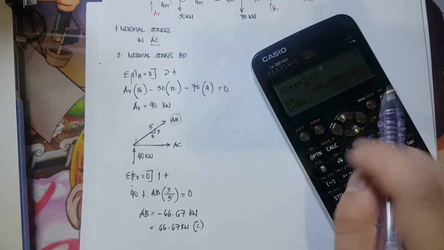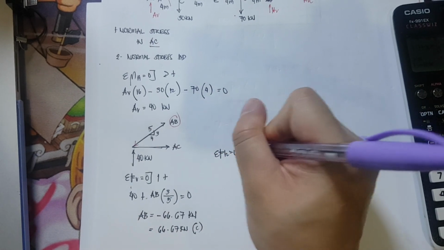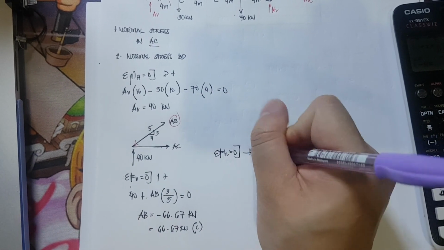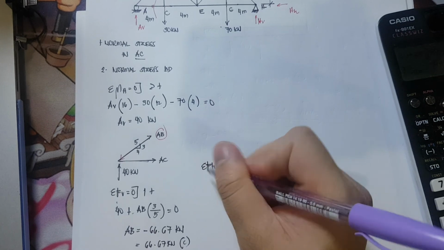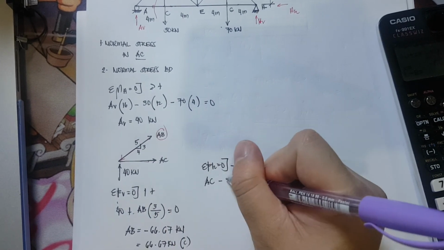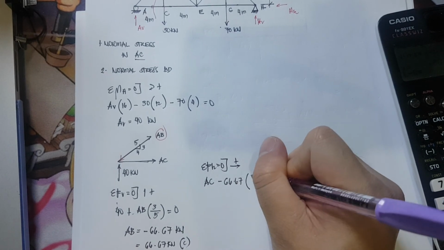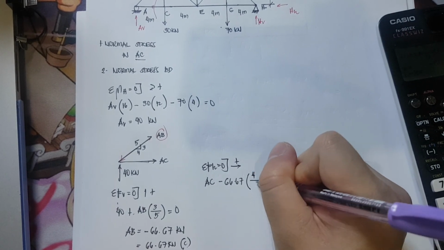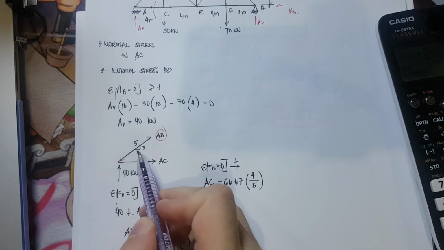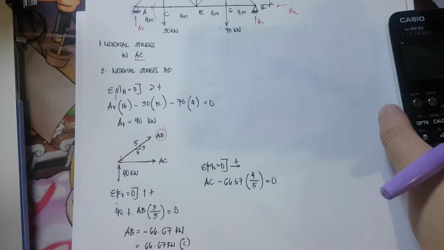Then we can now solve for AC. Summation of forces horizontal is equivalent to 0. All forces towards the right should be positive. So I have AC minus AB. What is AB? 66.67 times the horizontal slope, which is 4 over the hypotenuse of 5, equivalent to 0.